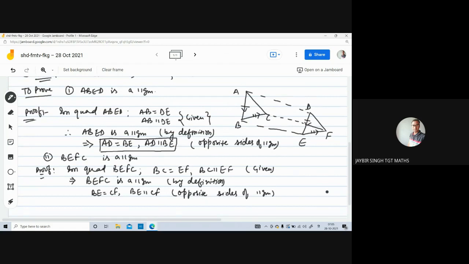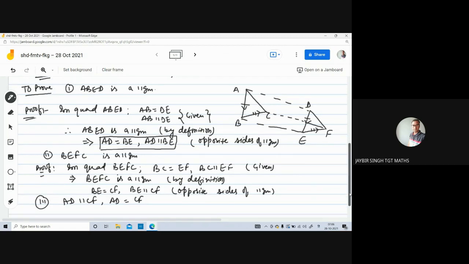Now third part, AD parallel to CF and AD equal to CF, you have to prove.